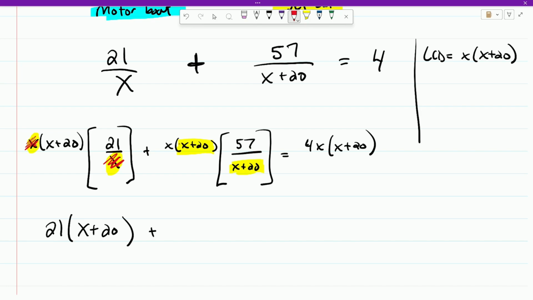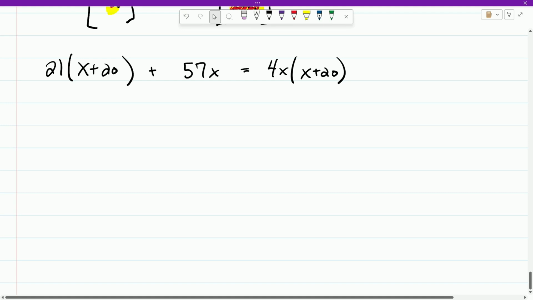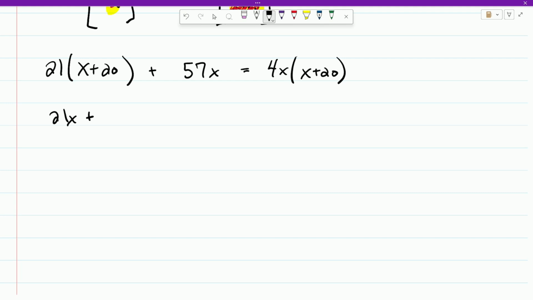That gives me 57x equals, and I'm going to leave the right side the same for now, since nothing reduces on the far right side. Now let's distribute. We get 21x plus 21 times 20, which is 420, plus 57x equals 4x to the second plus 80x.